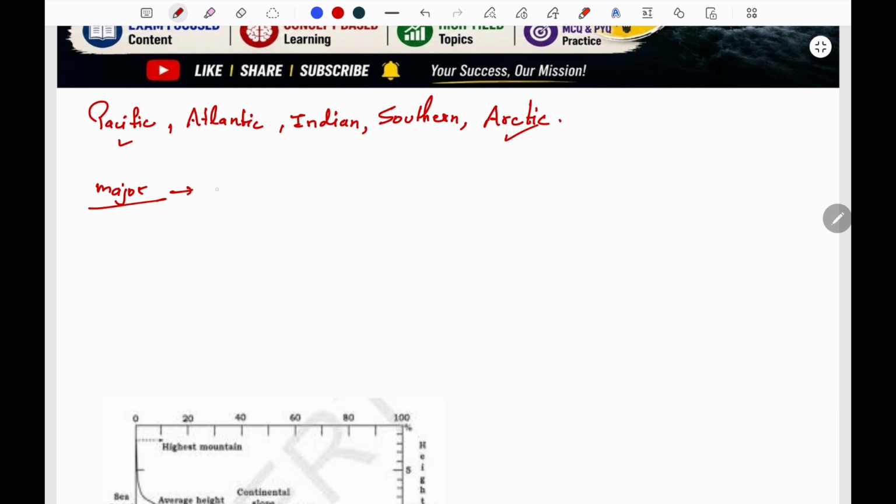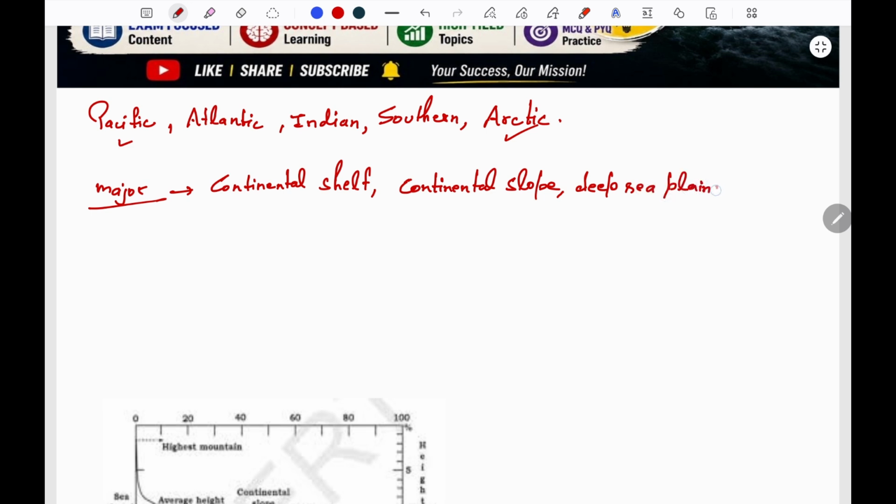Major relief features are continental shelf, continental slope, deep sea plains, oceanic deeps.